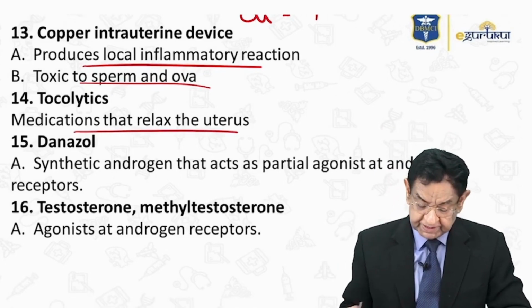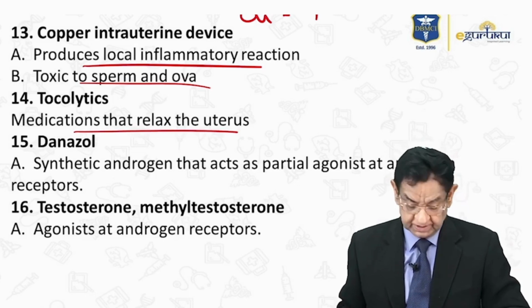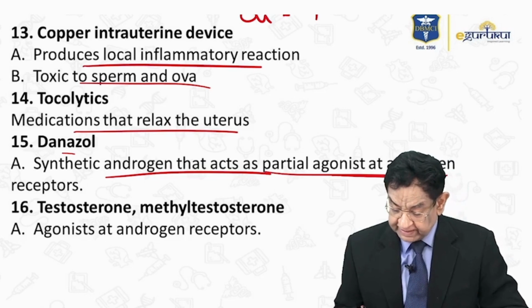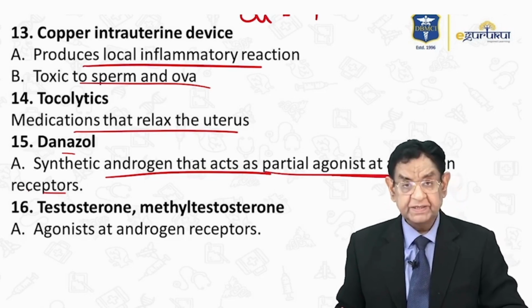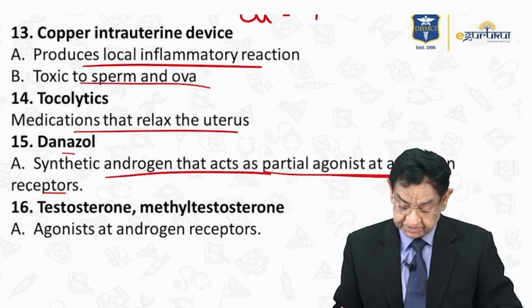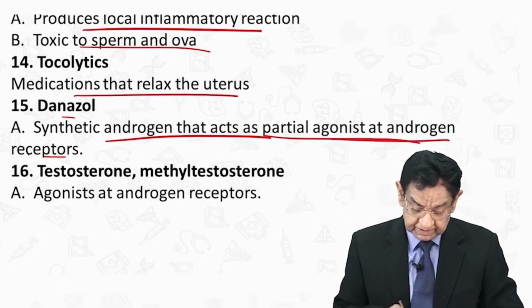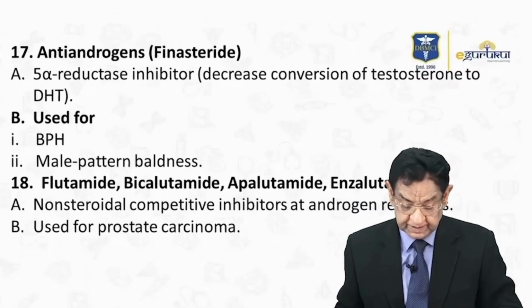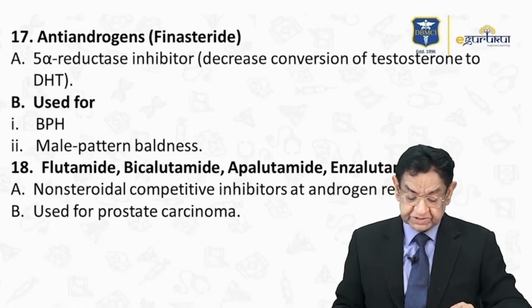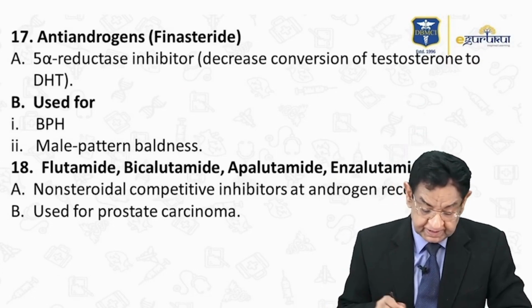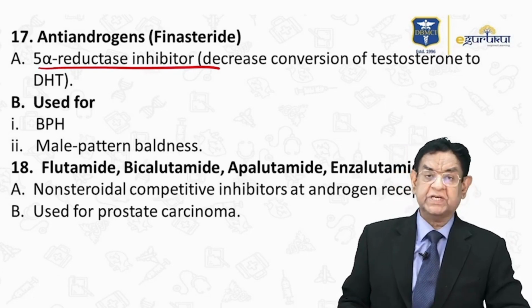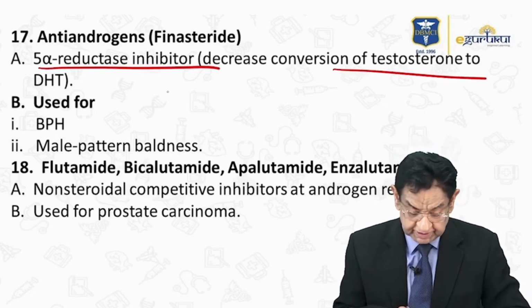Tocolytic drugs are medications that relax the uterus. Then danazol is a synthetic androgen that acts as a partial agonist at the androgen receptor, and testosterone also acts at the androgen receptor. Anti-androgen finasteride is a 5-alpha reductase inhibitor, so it reduces conversion of testosterone to DHT.